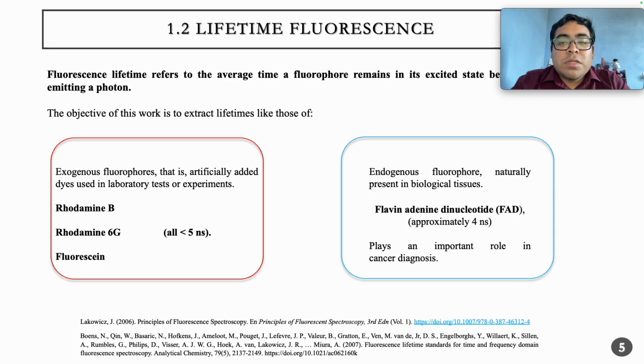Both types share the characteristic of having short lifetimes, less than 5 nanoseconds. Therefore, it is expected that the instrumentation will be able to extract such short lifetimes for these applications.